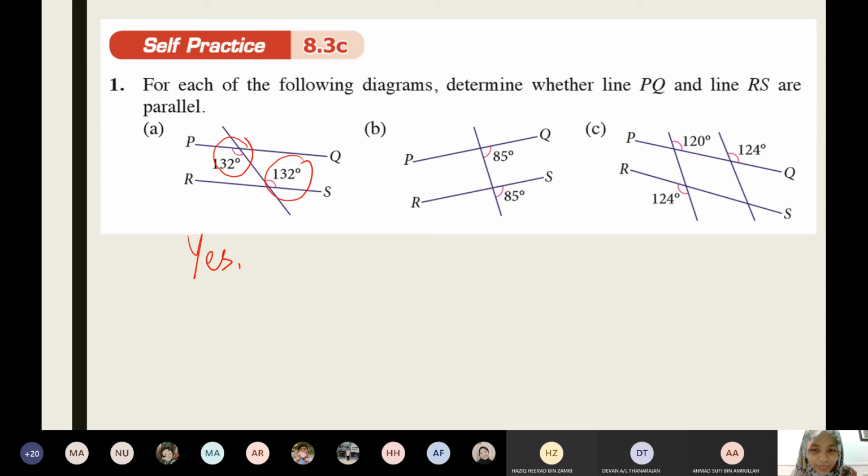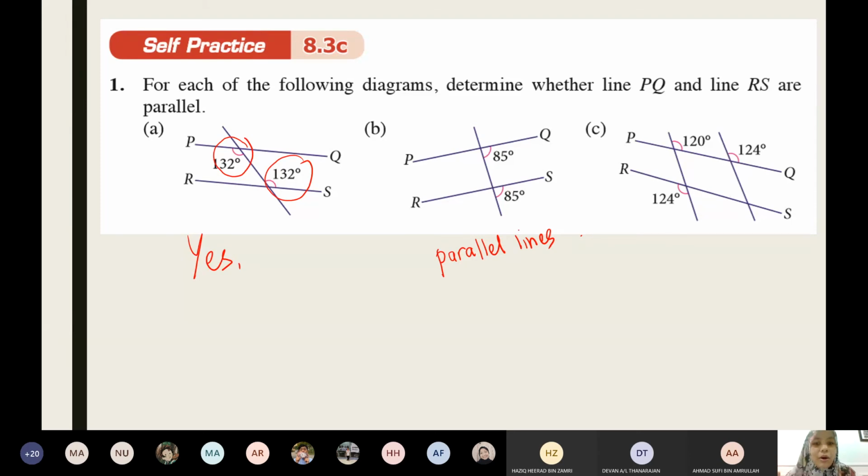Okay. So B. Again, is it yes or no? Parallel or not? Yes, it is parallel. Okay. So satu benda saya perasan, okay, dia tak cakap false. Dia tanya whether it is parallel or not. That means kita kena jawab yes, it is parallel, or at least kamu kena tulis parallel lines.